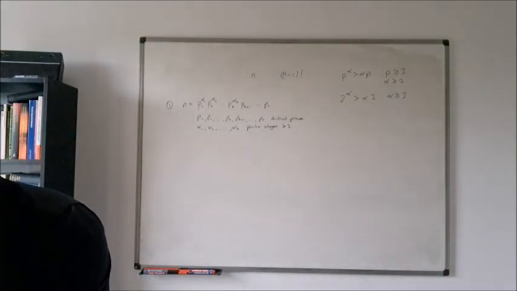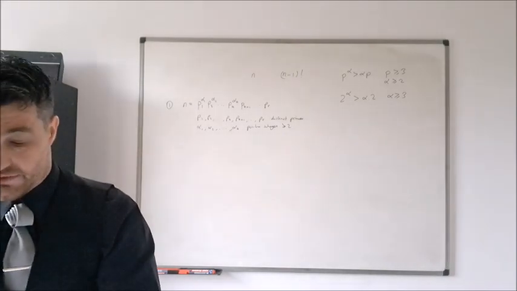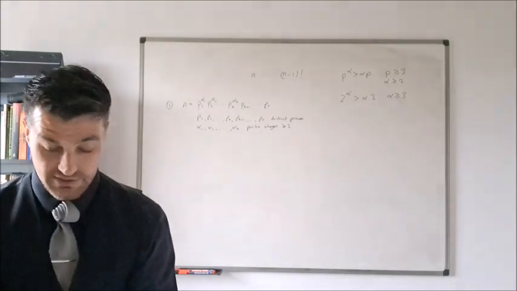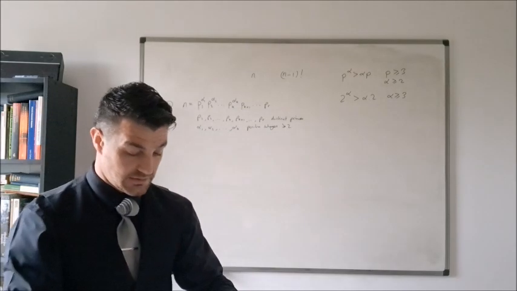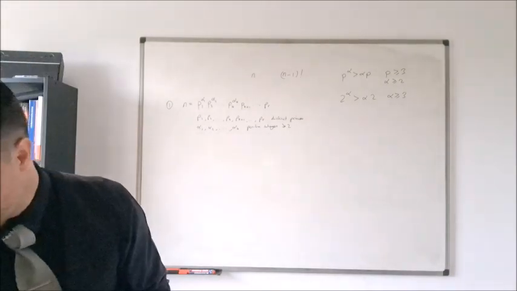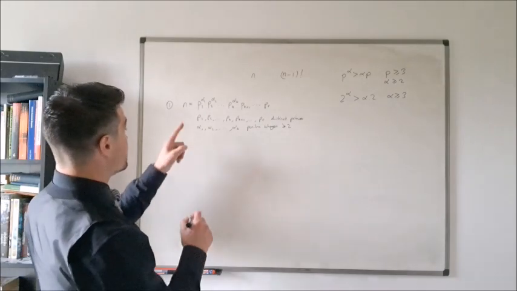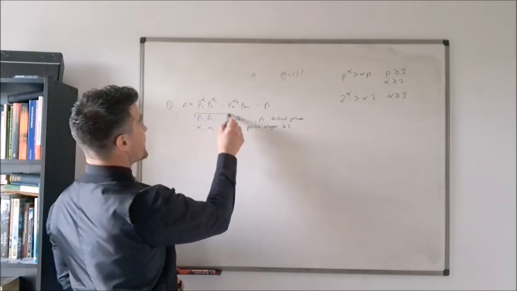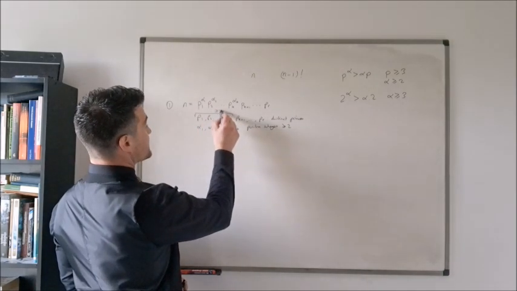So let's have a look. Again, I am going to have to refer to my notes because it's not the most straightforward thing in the world to deal with here. Aha, sorry, right. These primes here, P1 to Pk, have to be greater than or equal to 3.